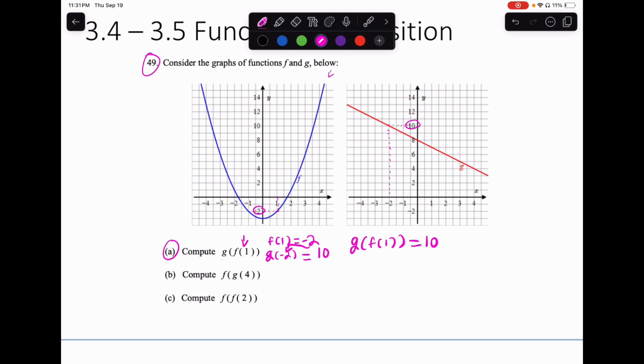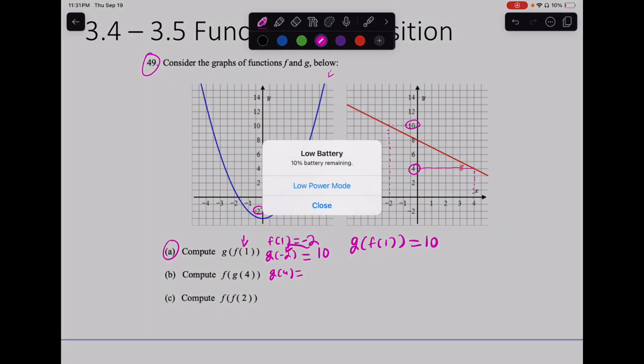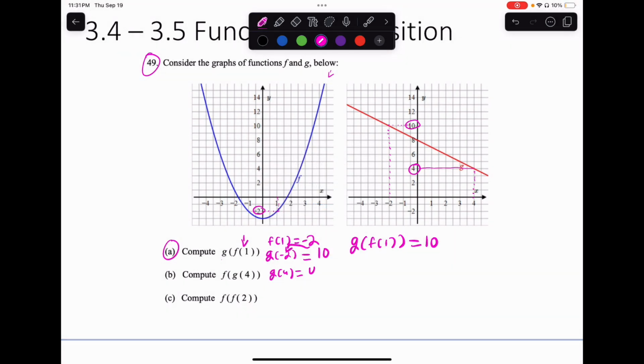So now we'll do the same thing with b. The first thing is, what is g of 4? Well, g of 4 gives us, right here, a y value of 4. Or, I'm sorry, an output value is what we should say.